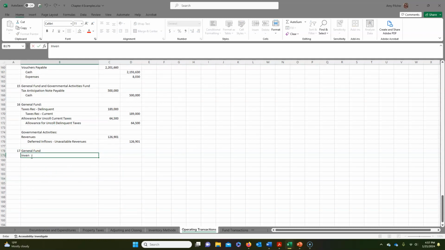So we have inventory of supplies and fund balance, non-spendable, inventory of supplies for $3,000. And no entry required in governmental activities.